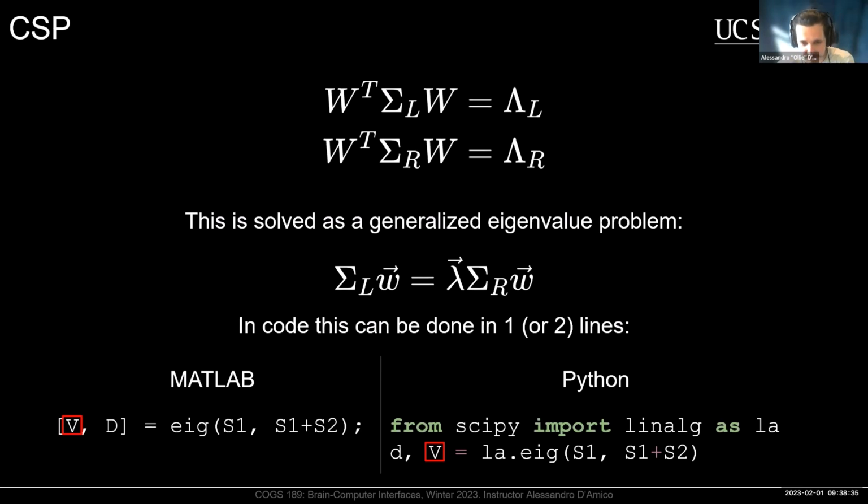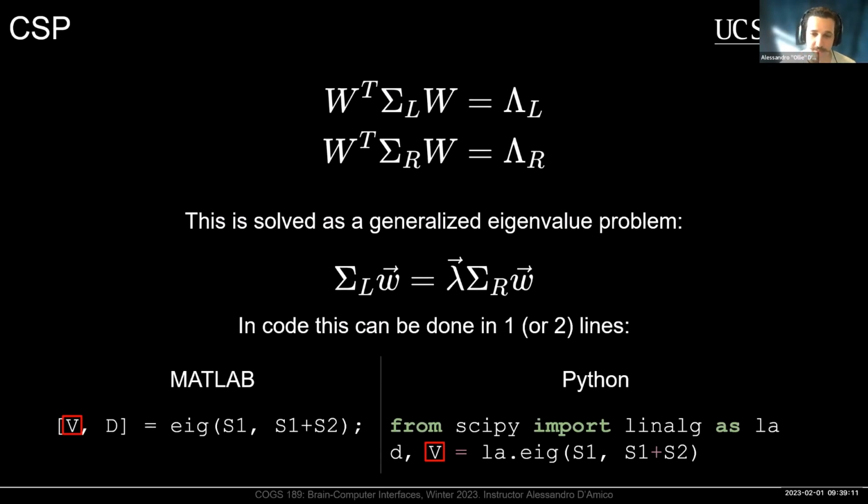One of the differences between CSP and PCA is that in this case, the eigenvectors are giving you information relative to a certain class. So in the two-class situation, which is what CSP was designed for, the top eigenvector is going to show you the maximum variance for, let's say, your left-hand imagery, and the very last eigenvector is going to give you the highest variance in your other class.